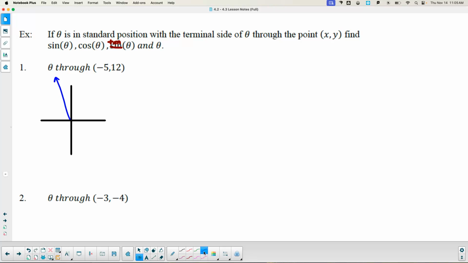So if that's where the point -5, 12 is, then this is actual theta here, which would make this then be reference angle theta prime. Okay?